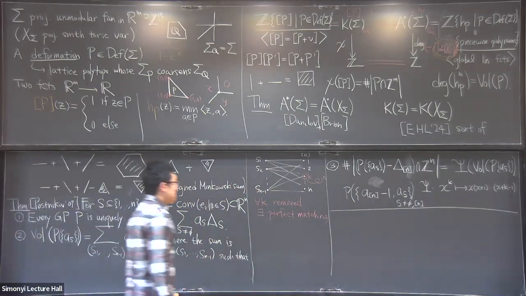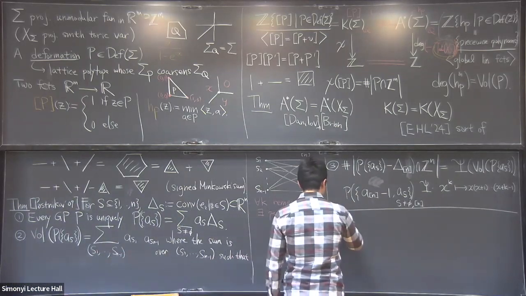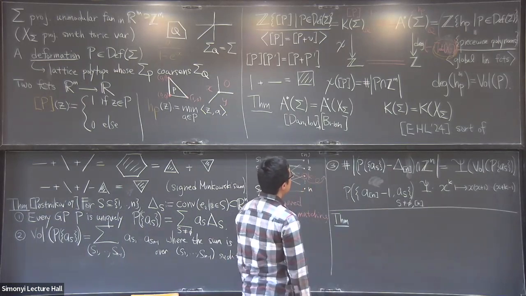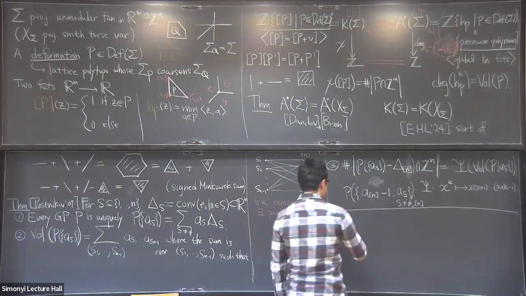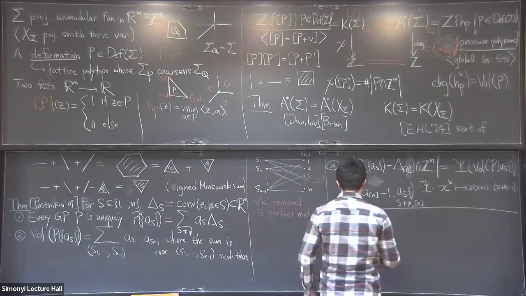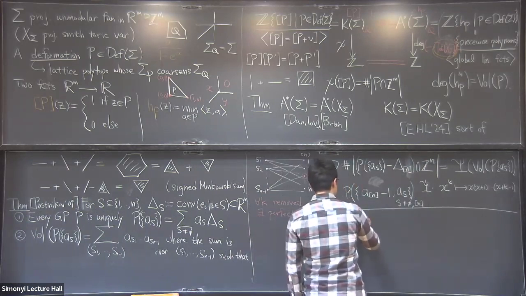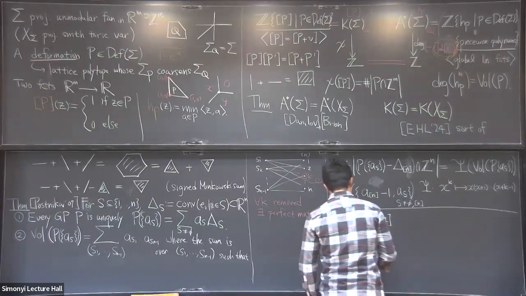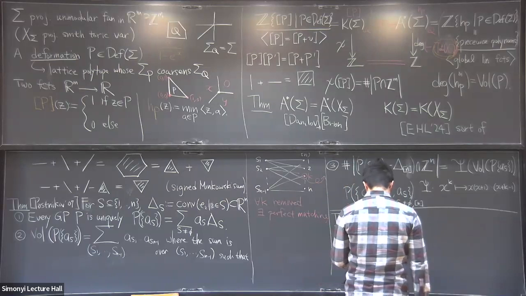So here's a promised theorem that relates K and A in the special context of looking at the permutahedral fan. This is the first paper that's listed. But here's the statement.